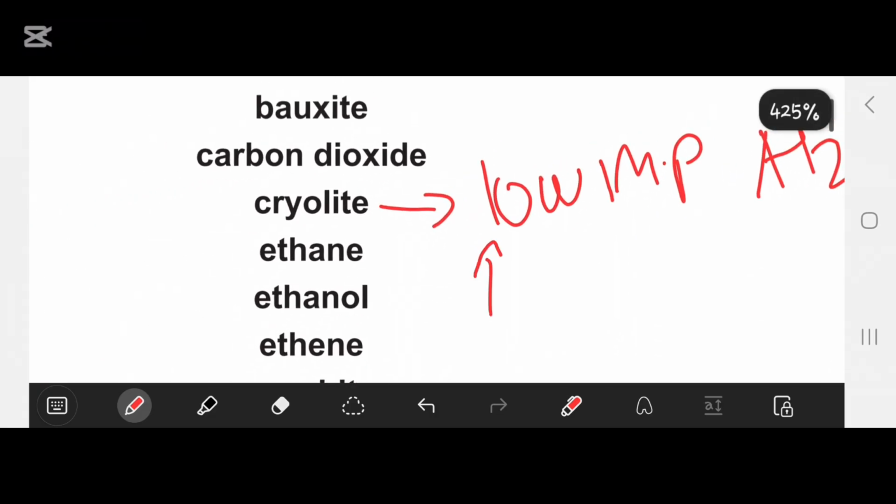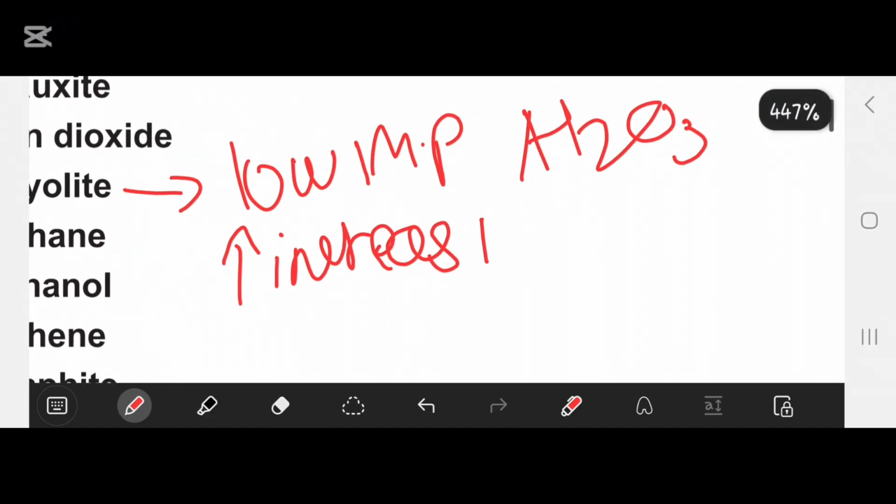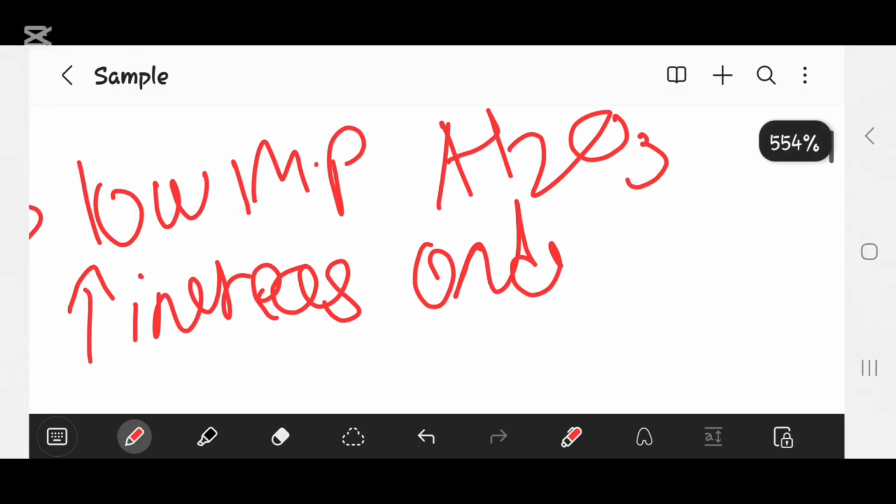It also increases conductivity of the solution, so that the ions will be able to conduct more electricity to the cathode and the anode for the extraction of aluminium.